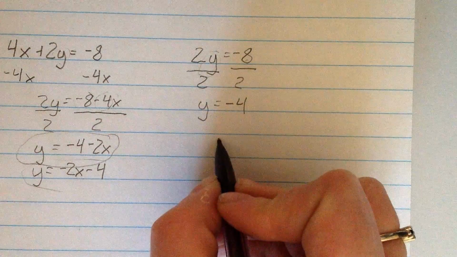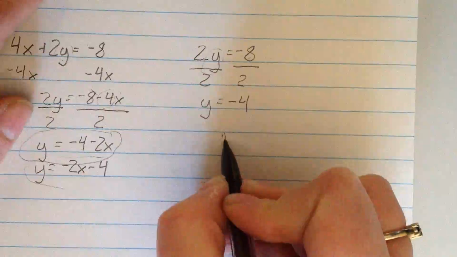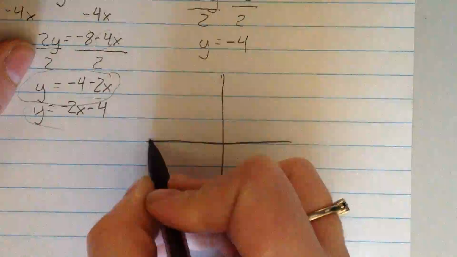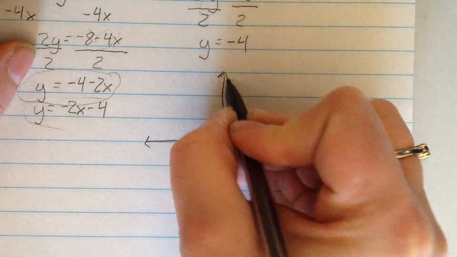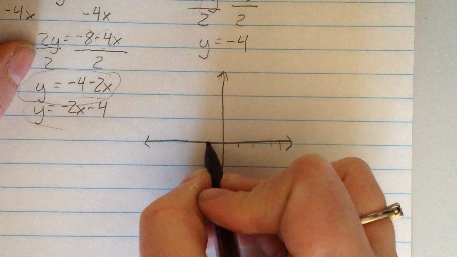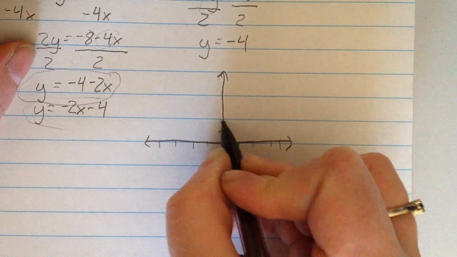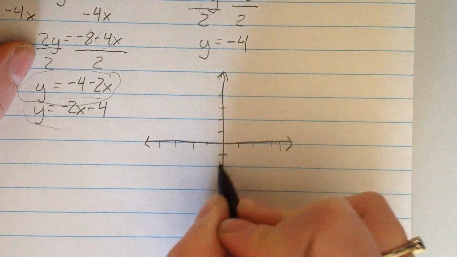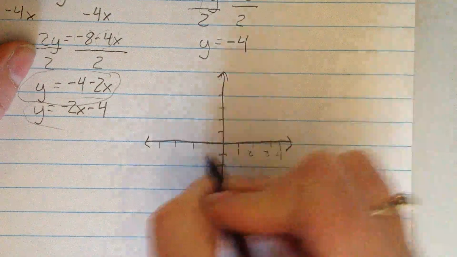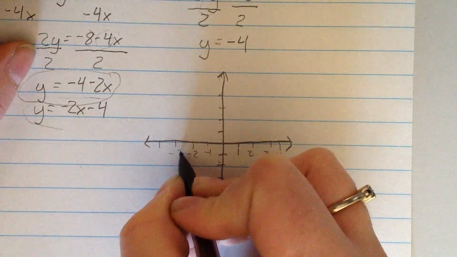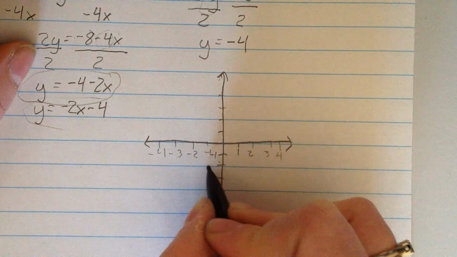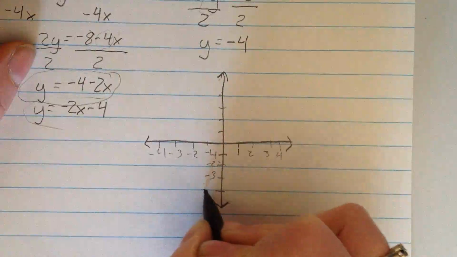Well, what this would mean is if I were to draw a graph of this situation, and I'm doing a very abstract graph here, but you'll still hopefully get the point. Let me label a couple of my axes. All right, so let's say that's 1, 2, 3, 4, -1, -2, -3, -4, and that would also be -1, -2, -3, -4.